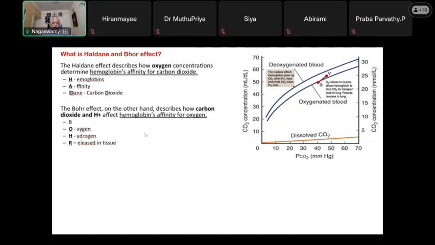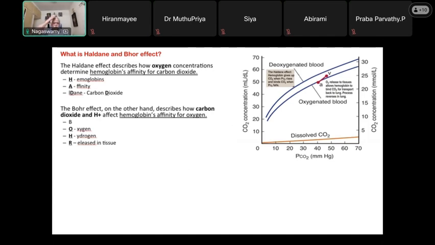As you know, the oxygen dissociation curve, which we read about, will have to shift to the right. I always tell that oxygen dissociation curve shift to the right is right for tissues, shift to the left is wrong for tissues. So if you remember that way, the oxygen dissociation curve shifting to the right will be good for the tissues, so that oxygen will be given up from the blood and it will reach the mitochondria.